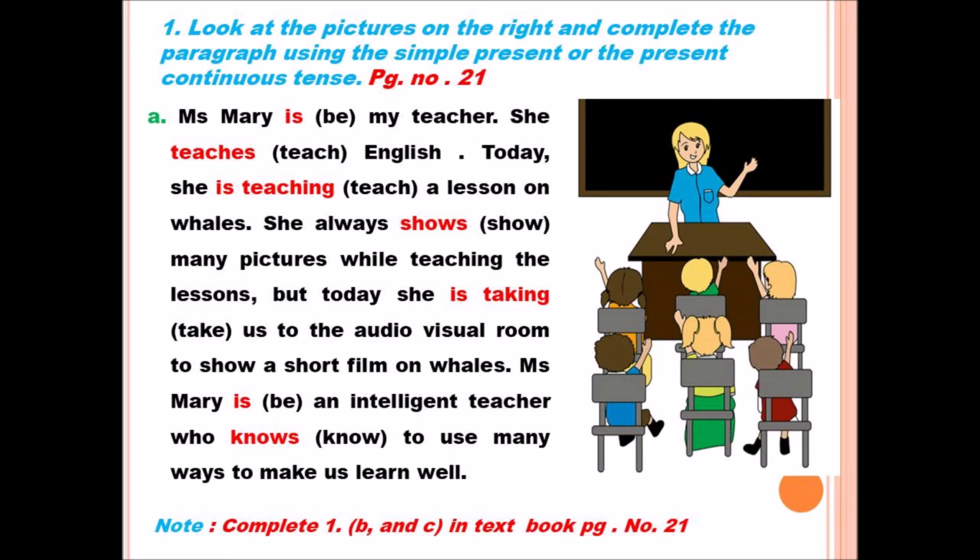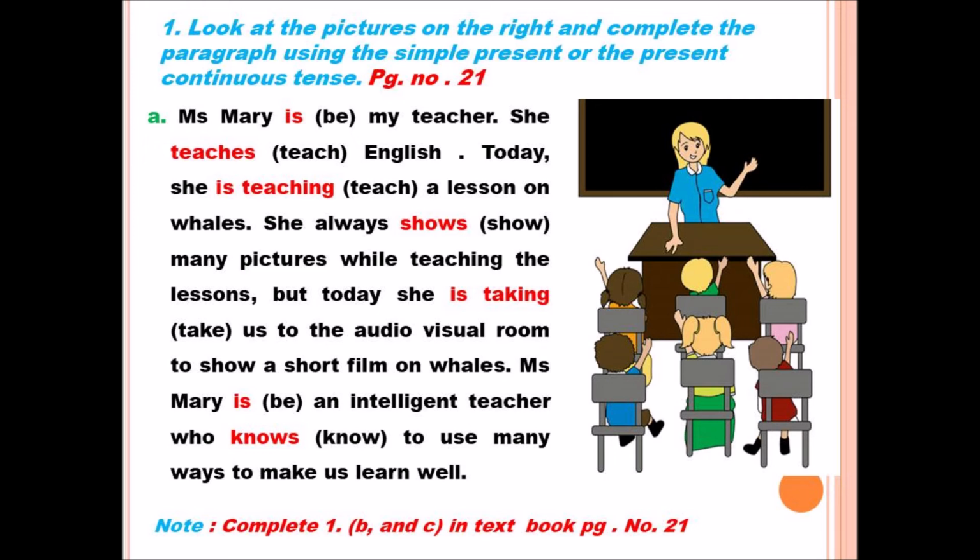Miss Mary is an intelligent teacher who knows to use many ways to make us learn well. Miss Mary is again a singular noun, so we have used the be form of the verb "is" here: an intelligent teacher. Who knows? Here "who" refers to Mary, so it refers to she.